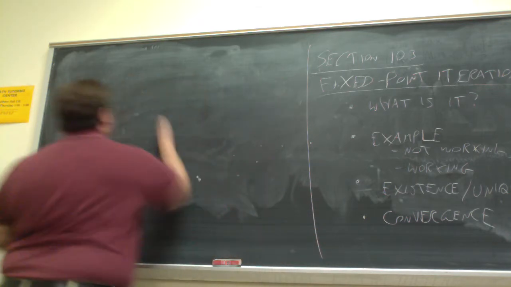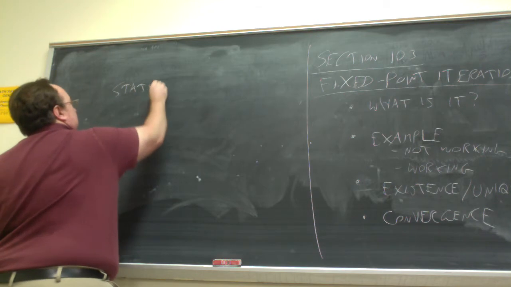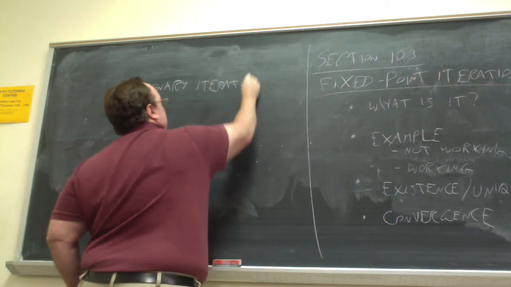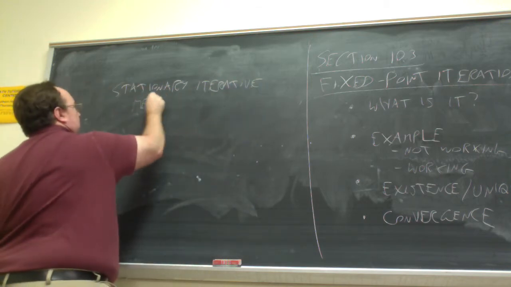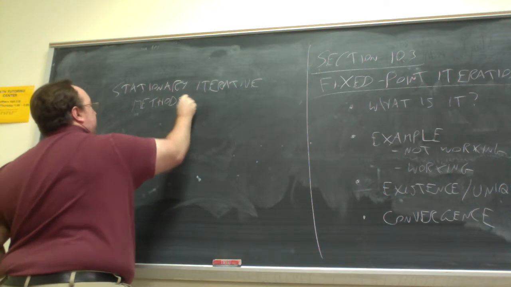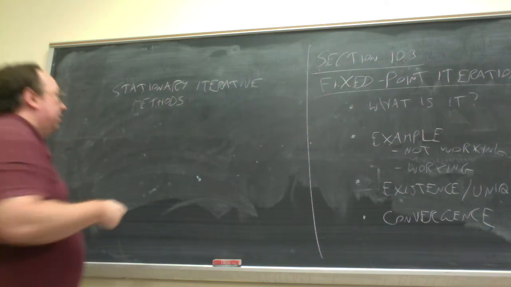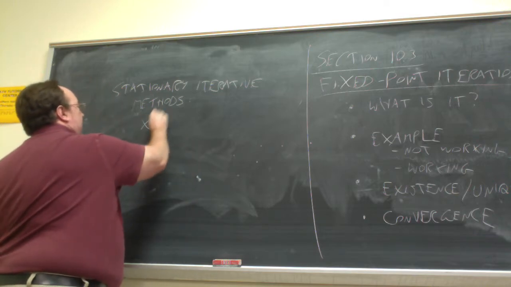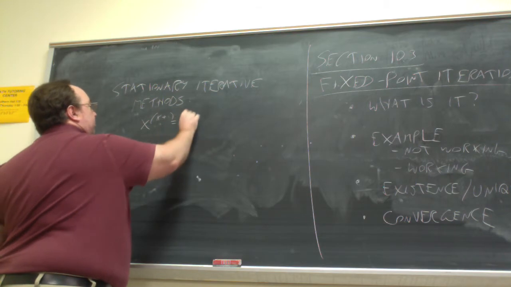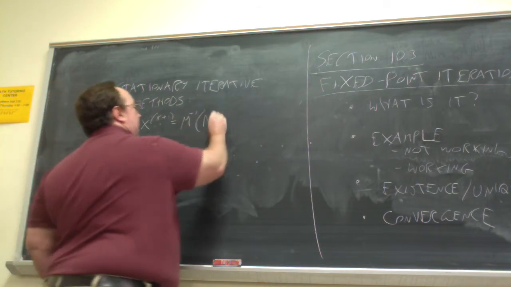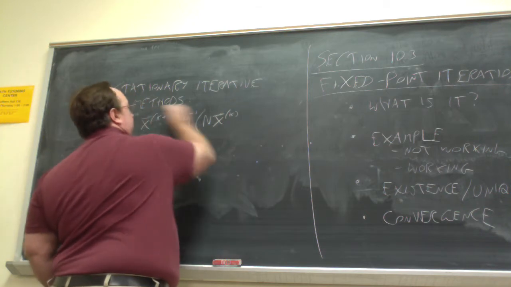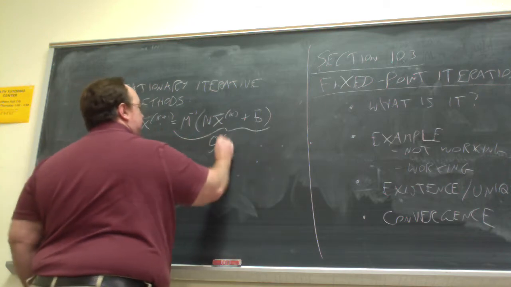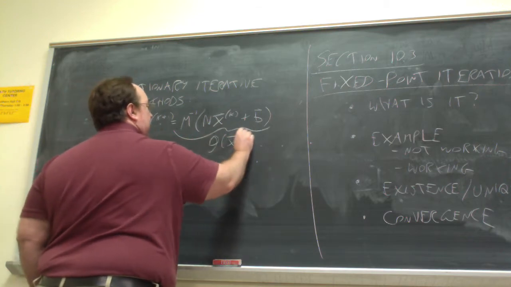With stationary iterative methods, those are a form of fixed point iteration, just working with vectors instead of a single numeric value. So you have xk plus 1 is equal to m inverse n xk, with vectors, plus b. So all of this is g of xk.